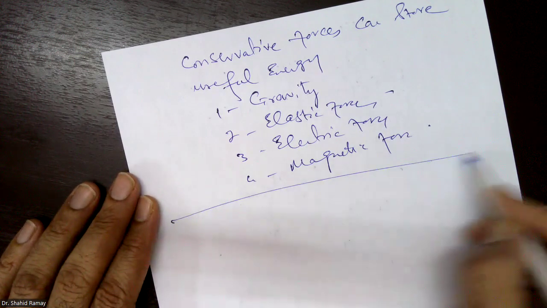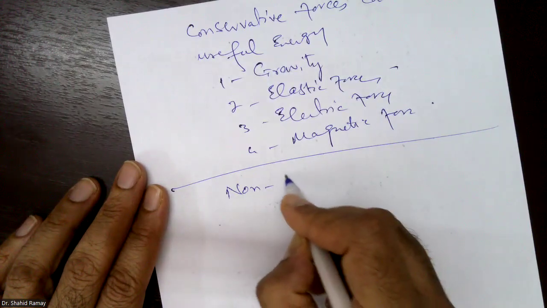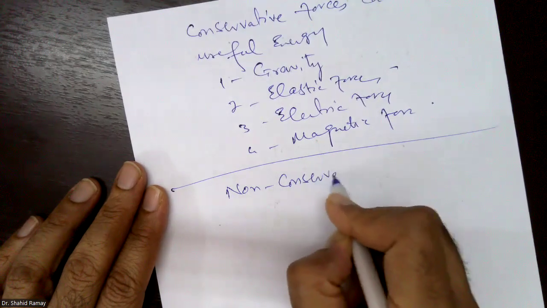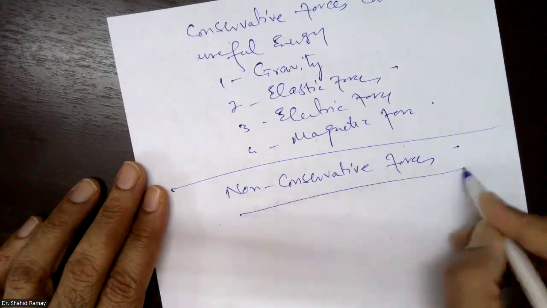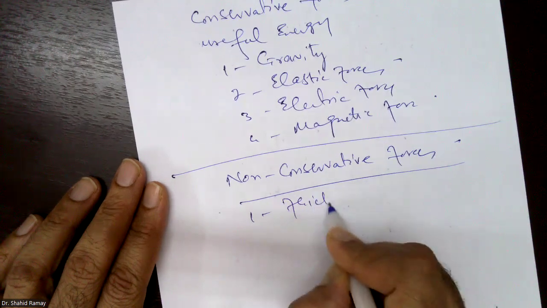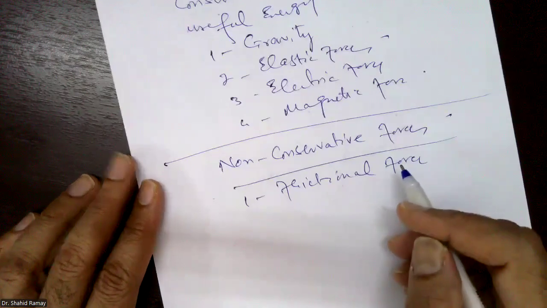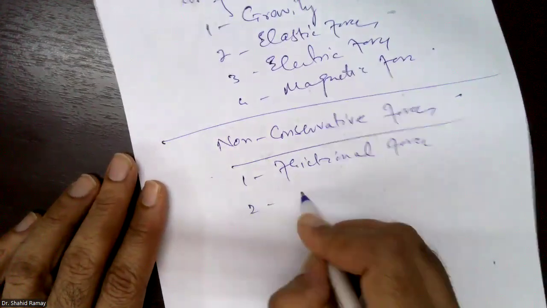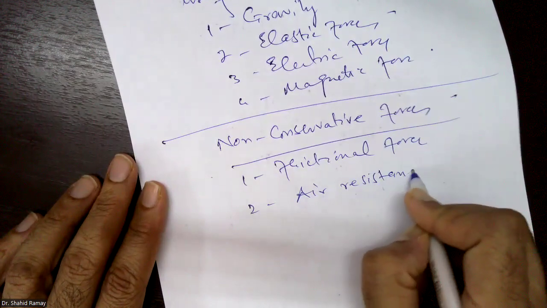There is another kind of force called non-conservative forces. Non-conservative forces are like frictional forces. Frictional forces are non-conservative, and also air resistance is a non-conservative force.